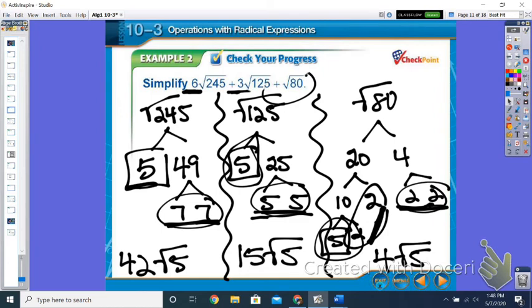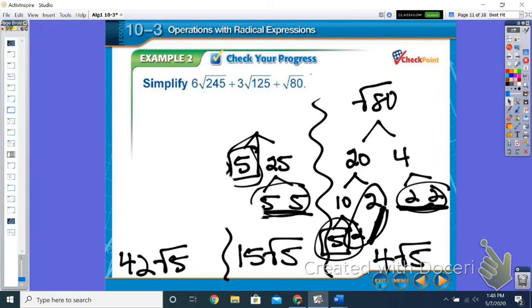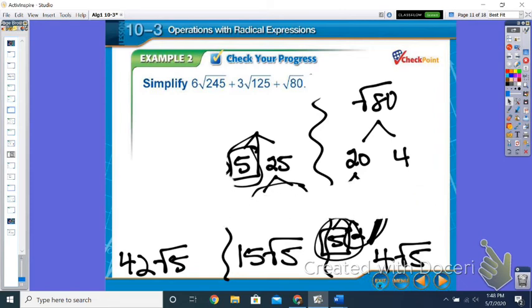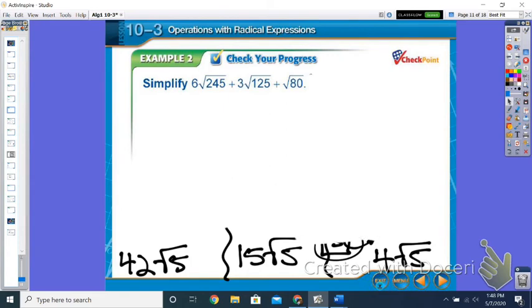Okay, so same thing. Give me a sec to erase. Okay, might as well get rid of that one. Yeah, let's just bring the signs down. Actually, it's plus and plus again. So plus, plus.